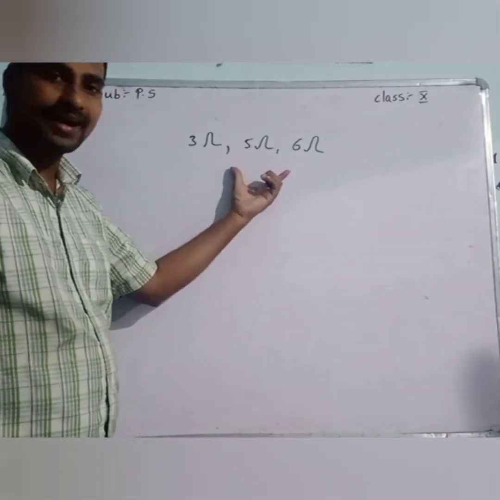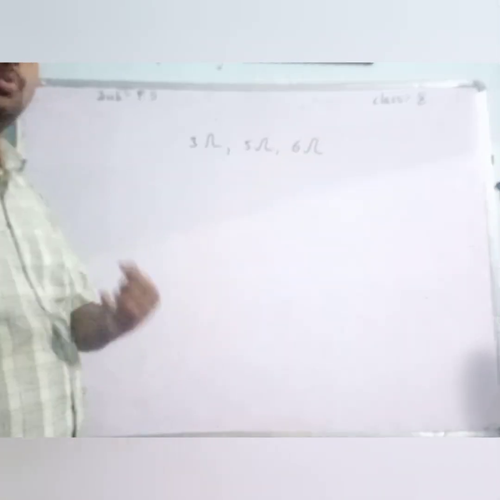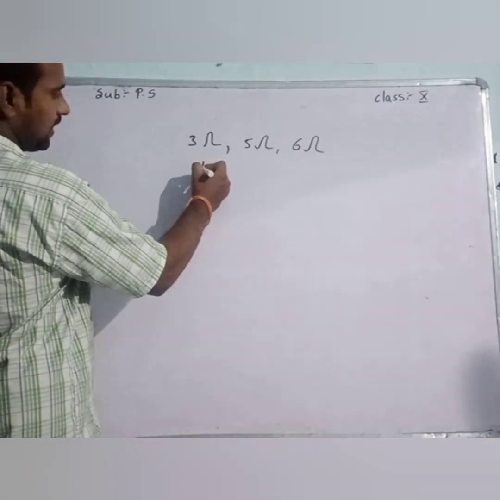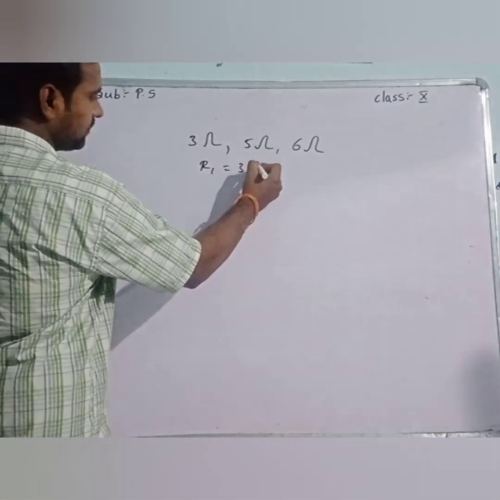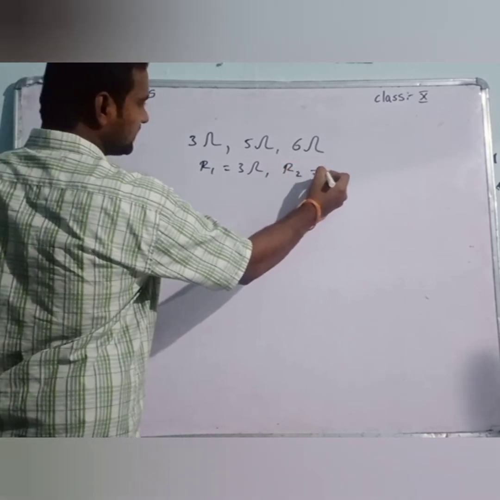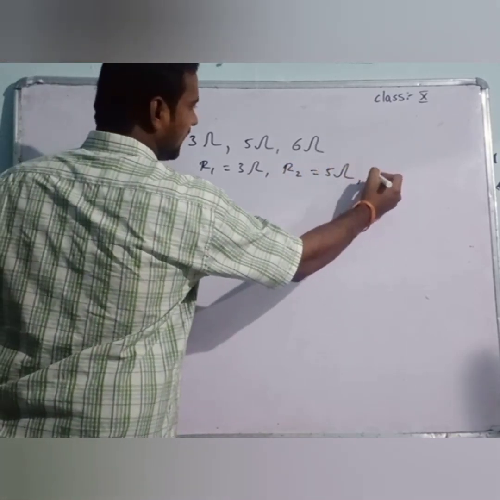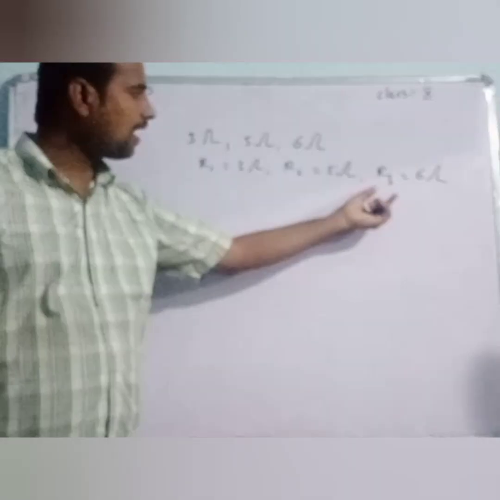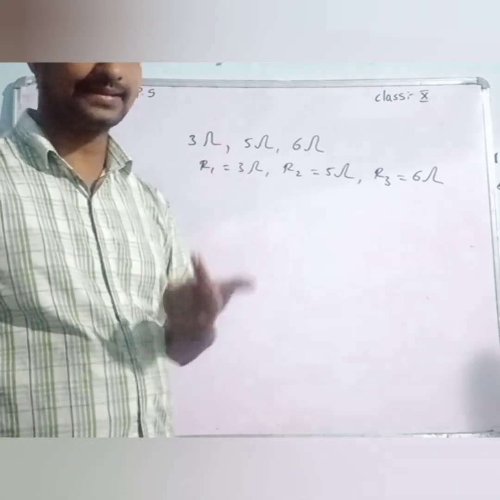The 3 resistors are connected in series. So what is the equivalent resistance? In series combination, R1 is equal to 3 ohms, R2 is equal to 5 ohms and R3 is equal to 6 ohms. So R1, R2, R3 are connected in series.